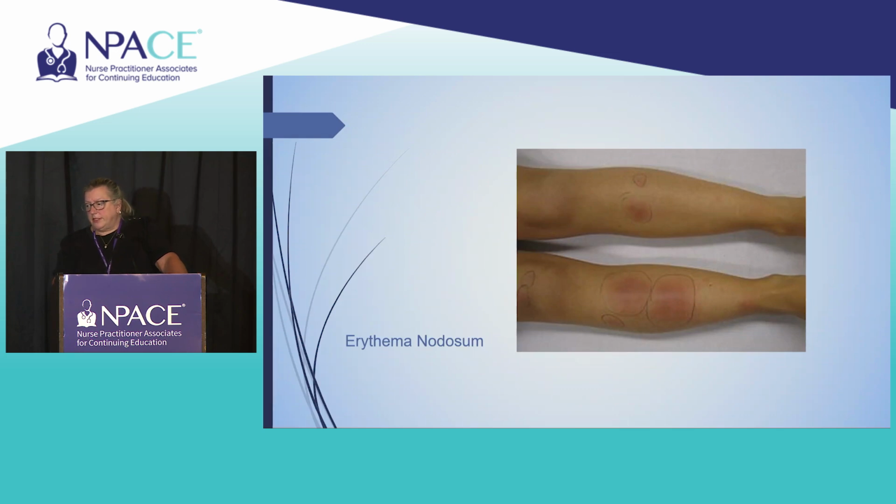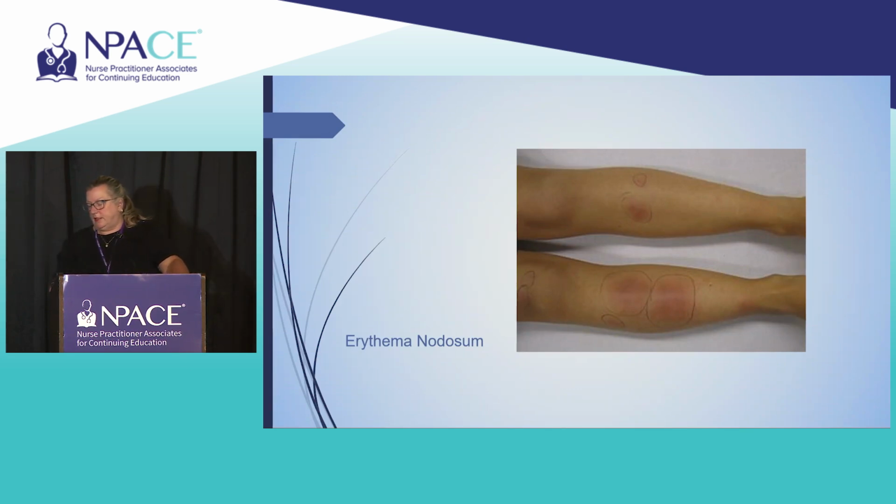And we mentioned earlier the erythema nodosum. This is an example. So erythema nodosum is very tender inflammatory plaques under the skin, typically tibial, but it can be also in the upper extremities. And you don't want to mistake that for cellulitis. There are usually a number of different lesions.